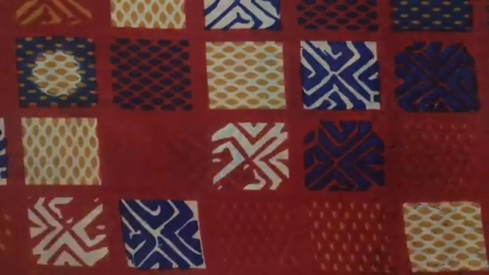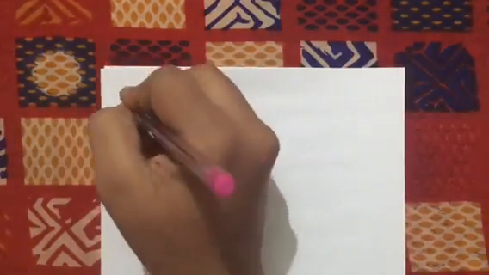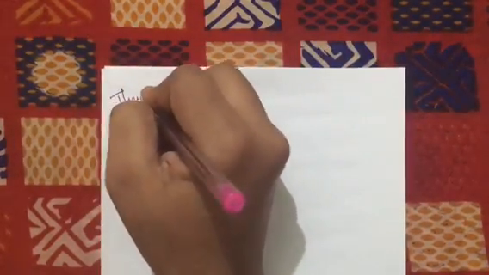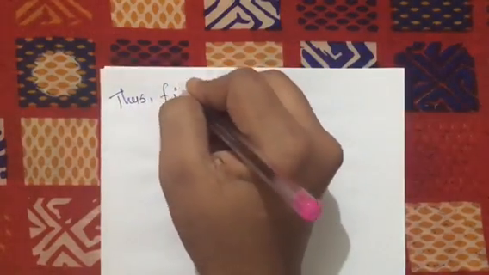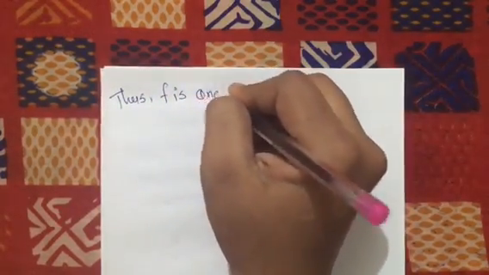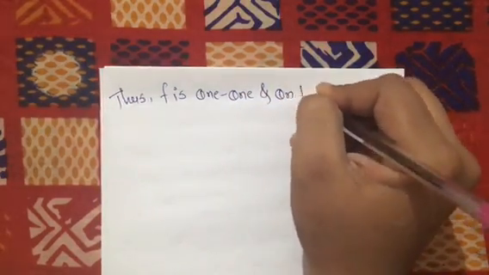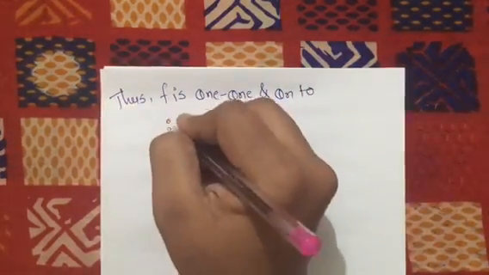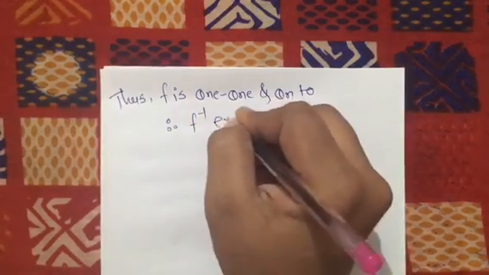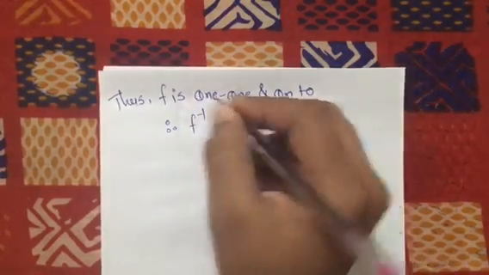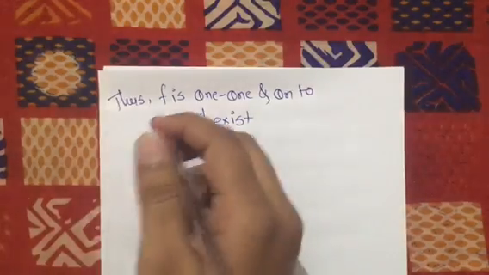For finding the inverse, first we have to prove that the function is one-one and onto. Thus f is one-one and onto, therefore f inverse exists. So let's find f inverse.